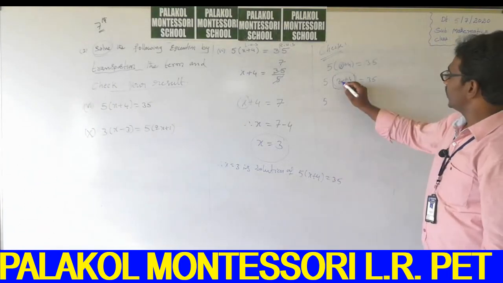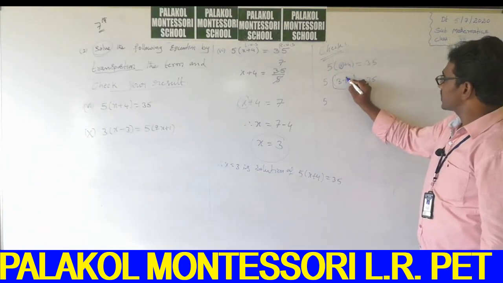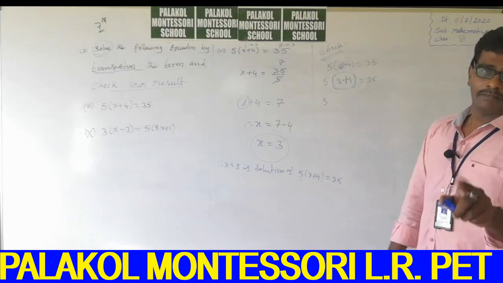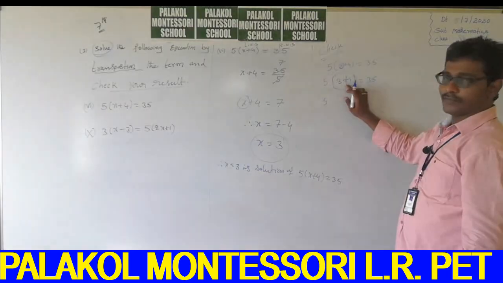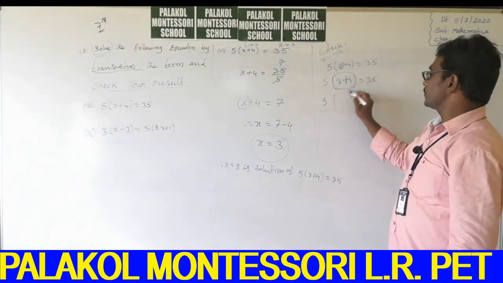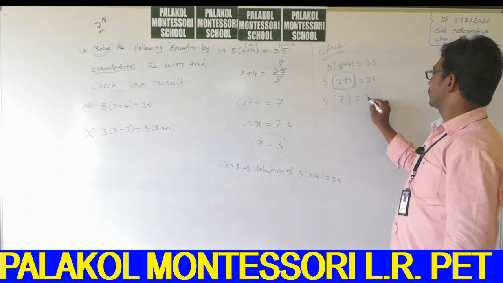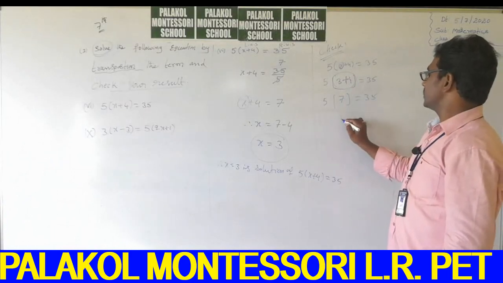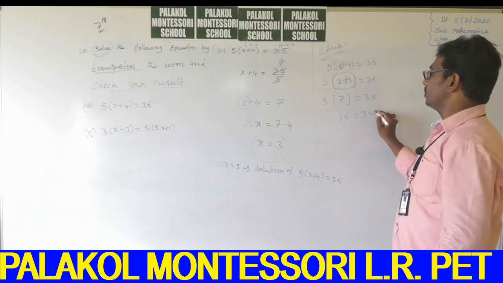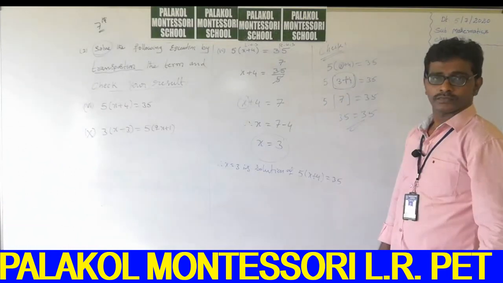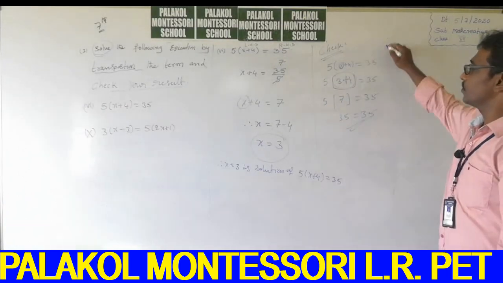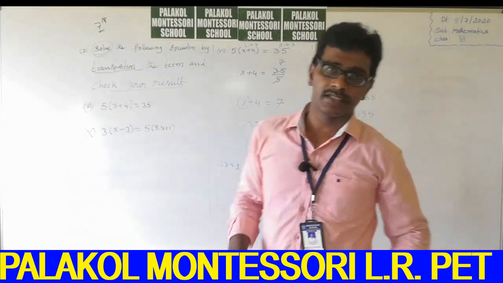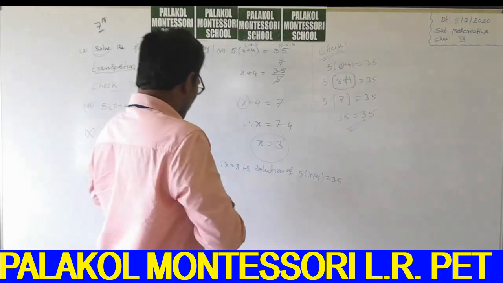In the two numbers, one sign is there. What sign? Plus sign. We should add both numbers. 3 plus 4, 7. 5 7s are 35. 35 is equal to 35. Yes, the check is also verified. The sum is over. Next, the second question I will do.